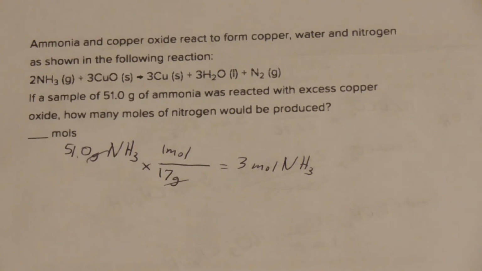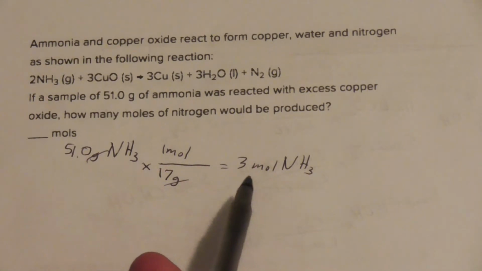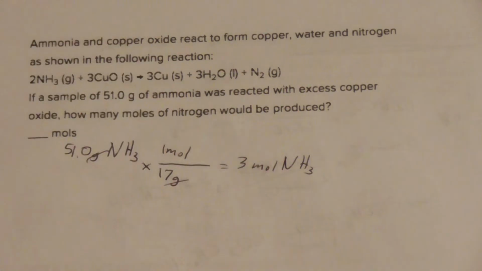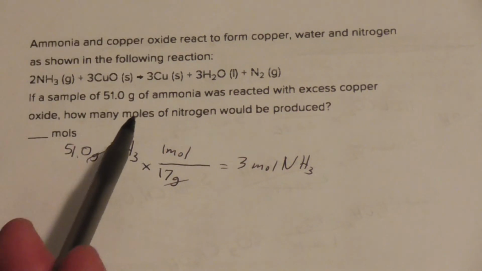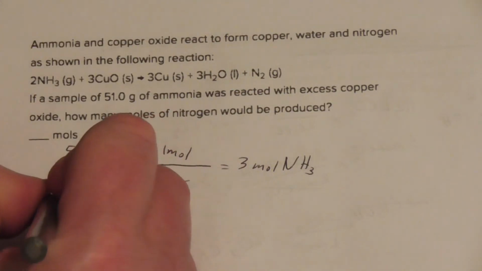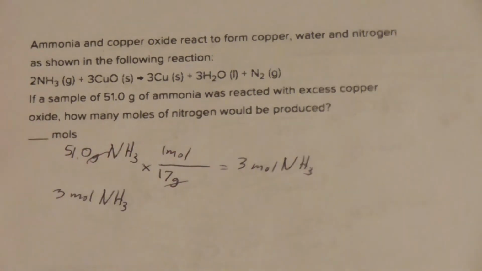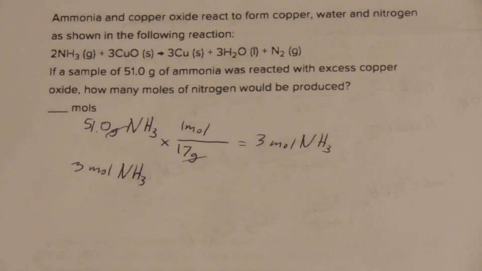Okay. Now, that's how much ammonia goes in. Once this ammonia is used up, the reaction stops. It's asking how many moles of nitrogen. It's not asking for grams, it's not asking for liters, it's only asking for moles. But I start with 3 moles of ammonia, and from there, I'm worried about nitrogen.